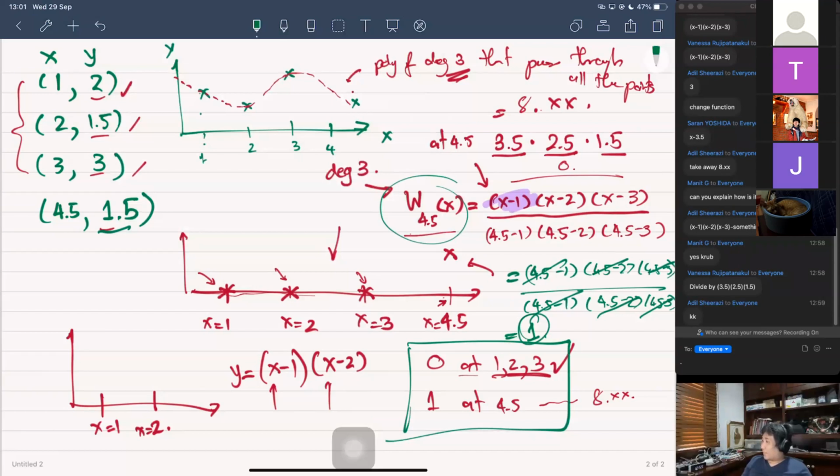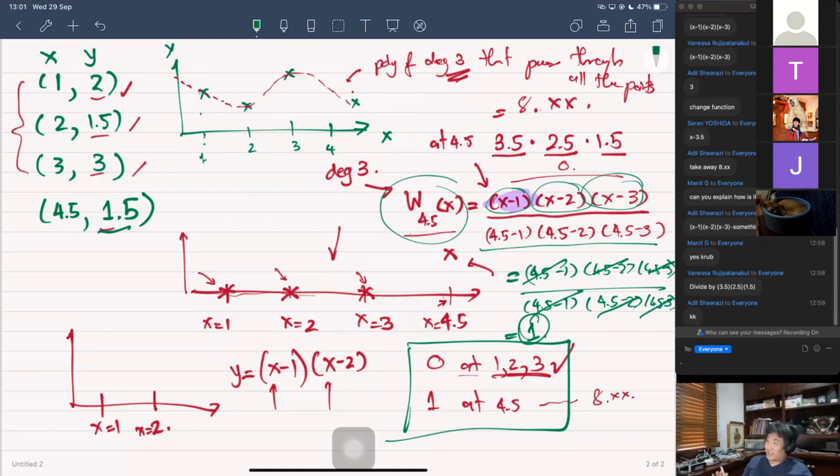This function W, which you know how to construct, has to be 0 at all the other points, and it's going to be 1 at exactly 4.5. Any questions so far? If you don't get this, you're going to be lost for the rest of the lecture.